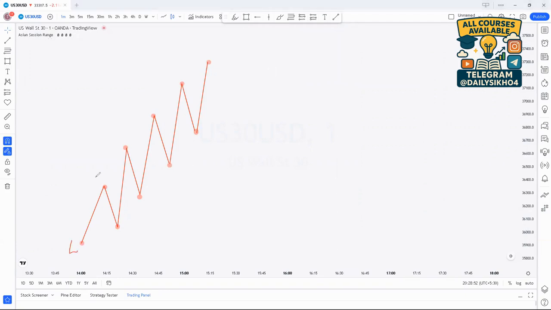We need a low, a high, a higher low, a higher high, a higher low, a higher high, and so on. Starting from these first four points forms a bullish structure: low, high, higher low, higher high. This is the first example of a bullish trend.